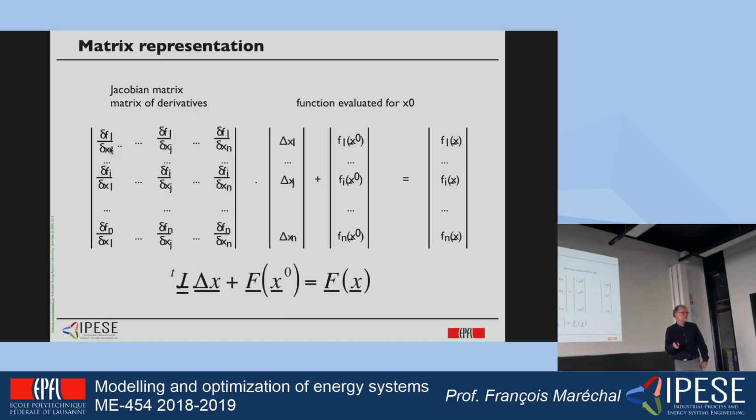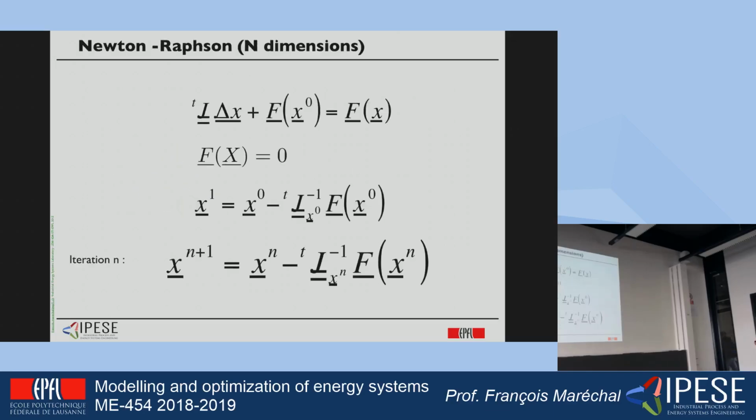by perturbations, but it means calculating a lot of variations, okay? Then I will have to invert the matrix here in such a way that I will be able to give you the value of the next step, knowing the value of the first step, by having the inverse of the matrix and the initial value of the functions that we expect to be equal to 0.